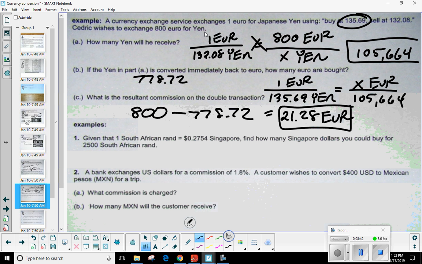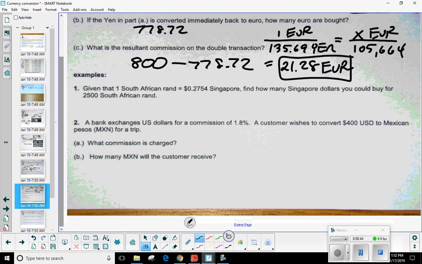Anyways, okay. Well, we are almost done here. Here are my last two problems, and we'll see if we can't get some folks up here to kind of help me out, because I've been doing a lot of these. So number one, given that one South African rand, and I'll go ahead and put the abbreviations here, that is ZAR, is equal to 0.2754 in Singapore dollars.